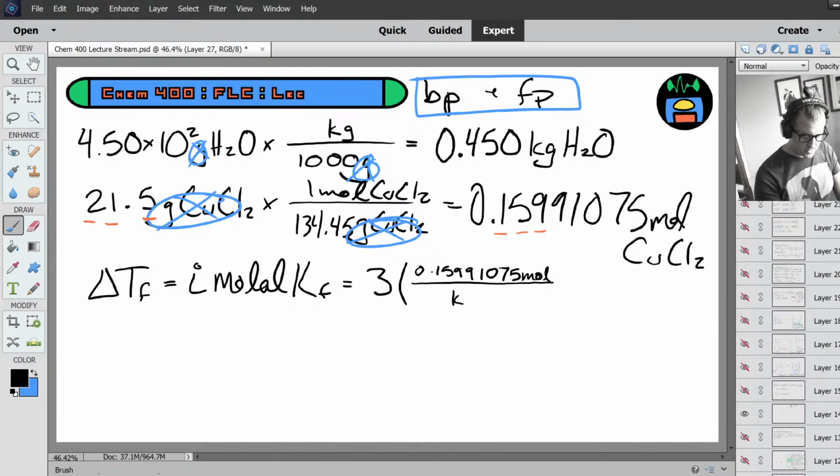Over kilograms. Oops. Our kilograms are 0.0450 kilograms, and then 1.86 degrees Celsius over moles per kilogram.